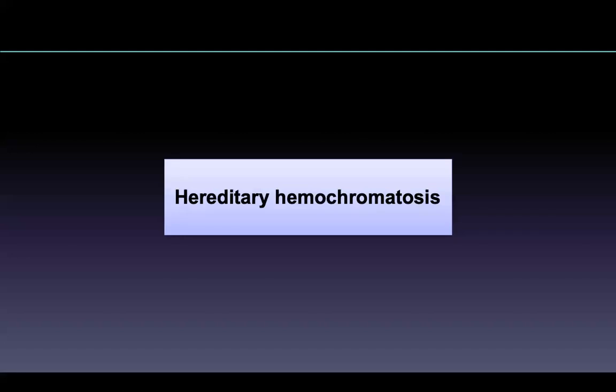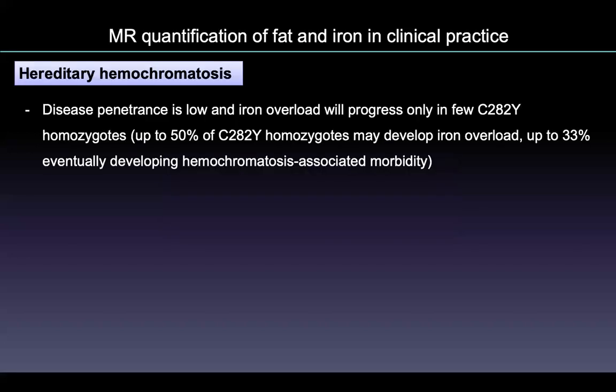And of course, another important scenario is hereditary hemochromatosis. Well, in hereditary hemochromatosis, the disease penetrance is low, and iron overload will progress only in few homozygotes. And of these patients, only some of them will develop morbidity associated with hemochromatosis.